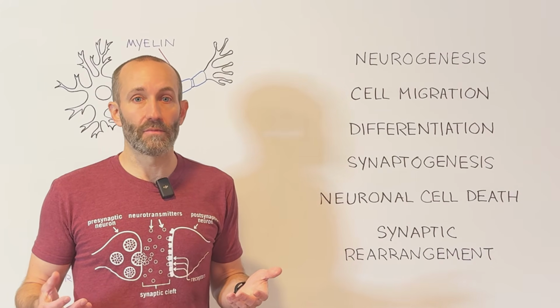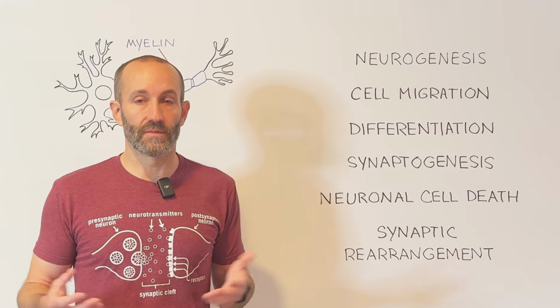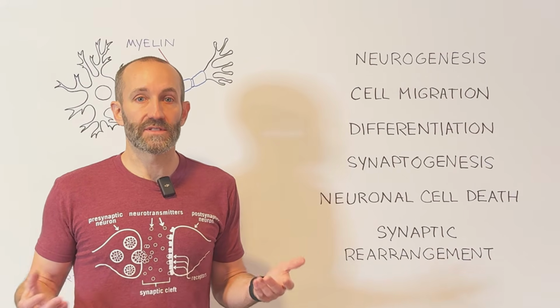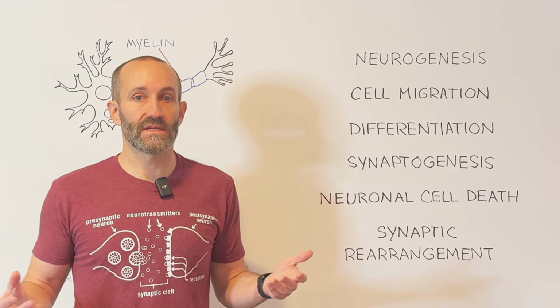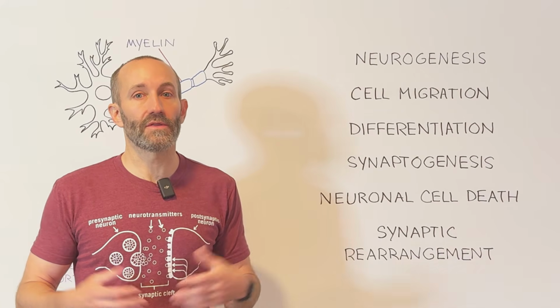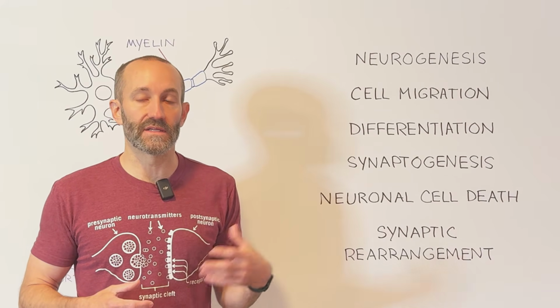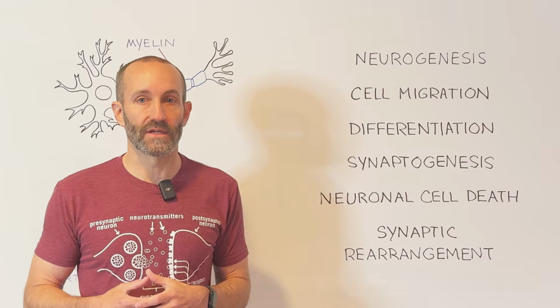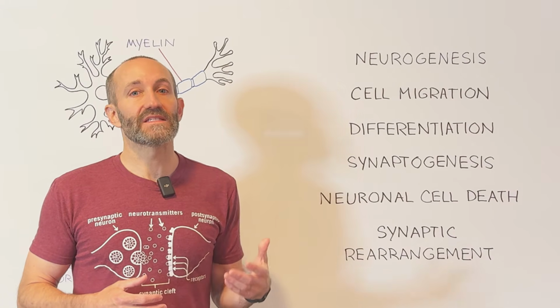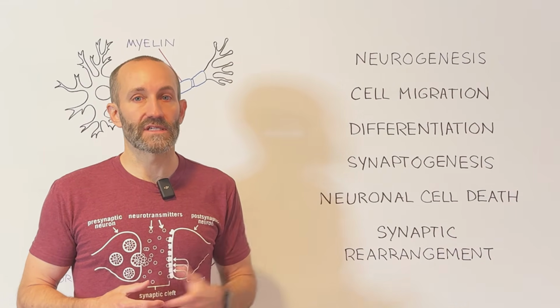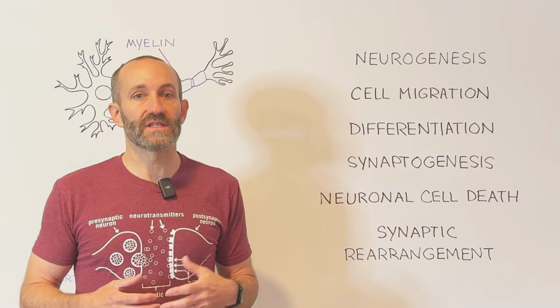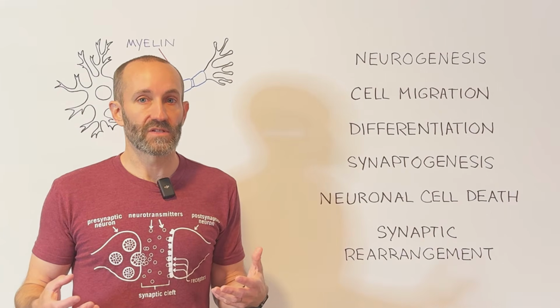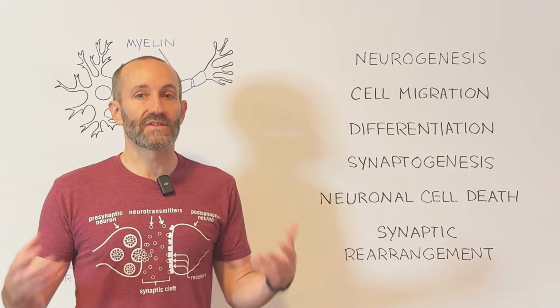Synapses also undergo major rearrangement during development. Some synapses are strengthened and stabilized because they're repeatedly used, while others are weakened and eventually eliminated. This is often referred to as synaptic pruning. This process is influenced strongly by neural activity and experience. So development is not just a story of growth, it's also a story of selective removal.